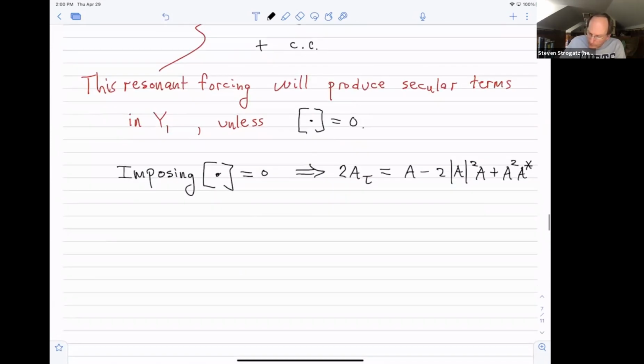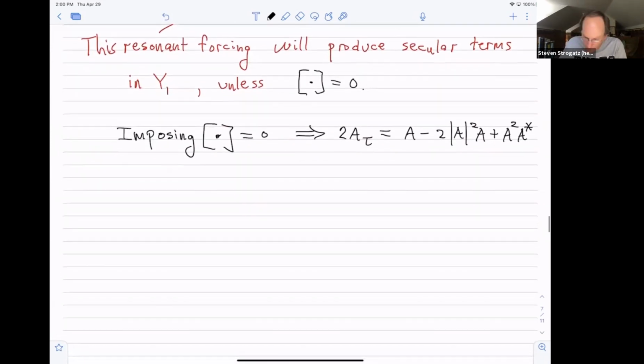But then hopefully you recognize these two terms can be grouped together. This is also A times magnitude of A squared. So I end up getting A minus magnitude of A squared times A.